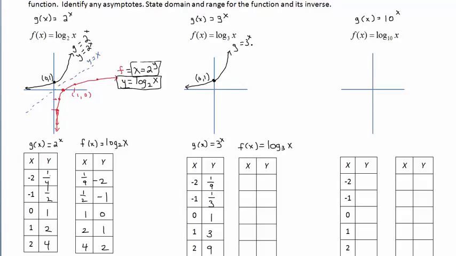Or we could also call it y equals 3 to the x, but different than the inverse function, the log function. I'm getting ready for what we did over here. All right, let's come down here and let's switch every ordered pair. So we have (1/9, -2), etc. Let's see how many of these points we can plot on our graph.